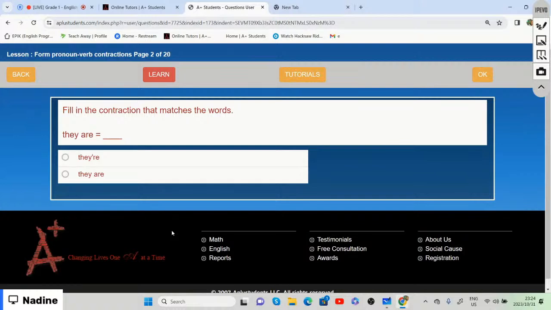I remember we said that a contraction is two words, and we need to form one word by also adding our apostrophe for the letters being left out. All right, so yes, the first one is correct.